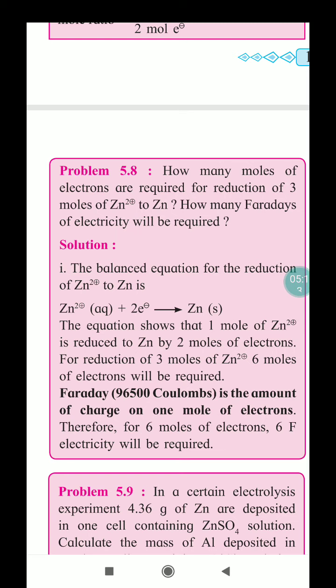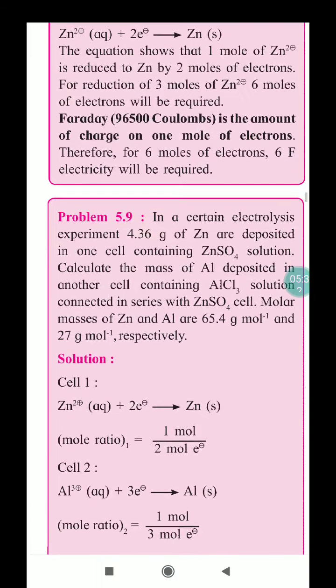The Faraday, 96500 coulomb, is the amount of charge on 1 mole of electron, and therefore 6 moles of electron is equal to 6 Faradays, which is 6 into 96500 coulomb. Next, in a certain electrolysis experiment, 4.36 grams of Zn are deposited in one cell containing ZnSO4.